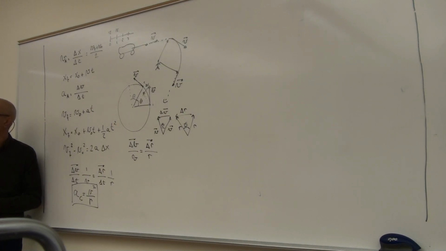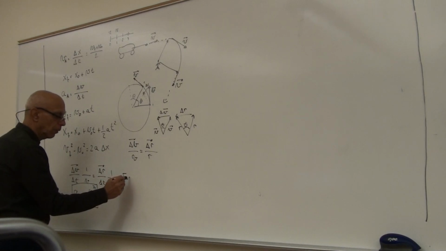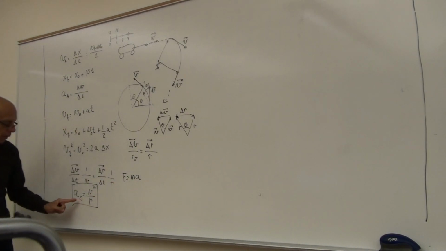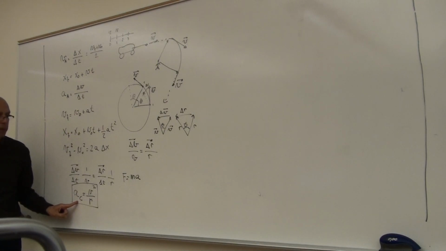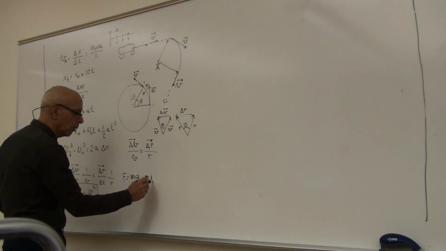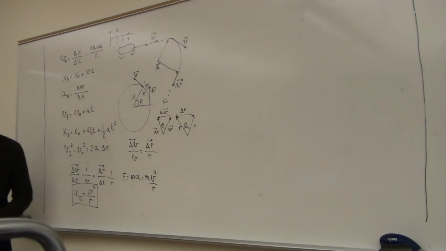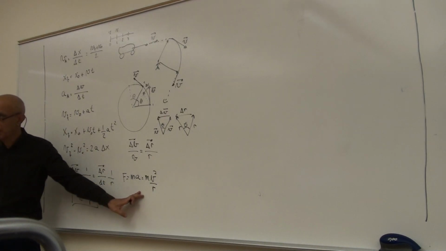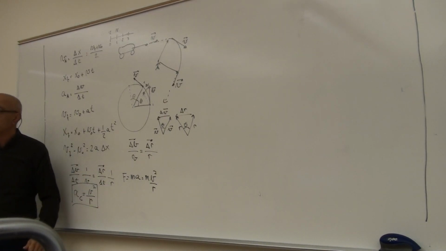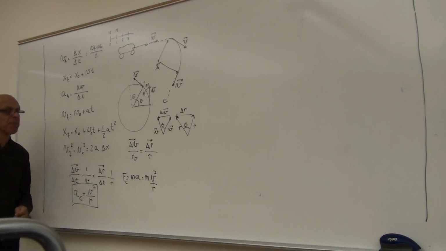Force is mass times acceleration, right? But the acceleration is centripetal acceleration. So the force is going to be m v squared over r. This is the formula for centripetal force. I'm going to put F sub C here.